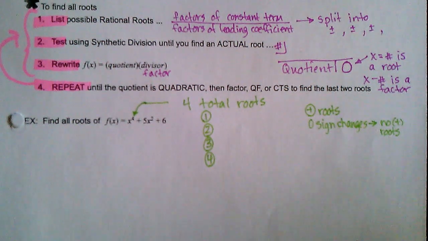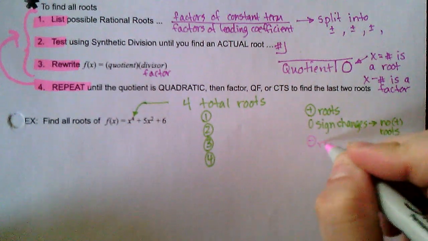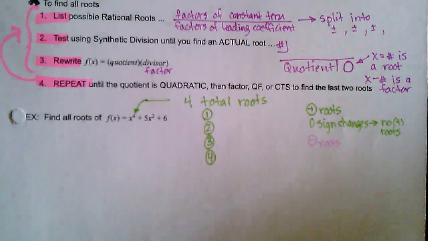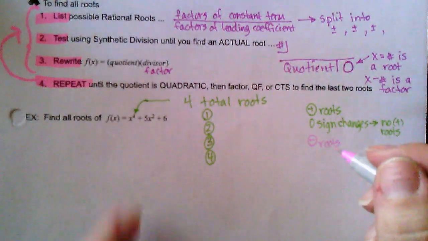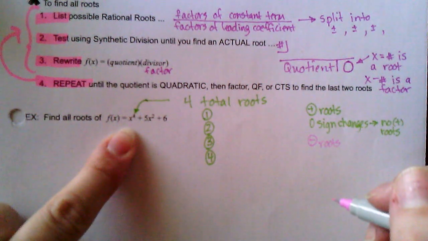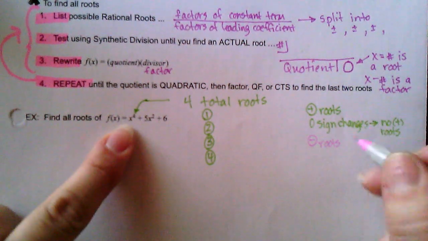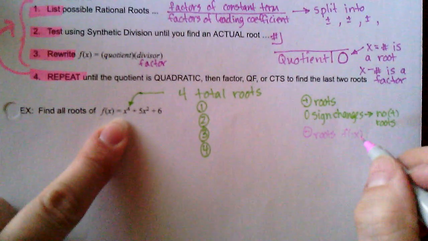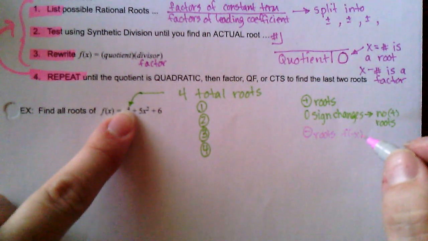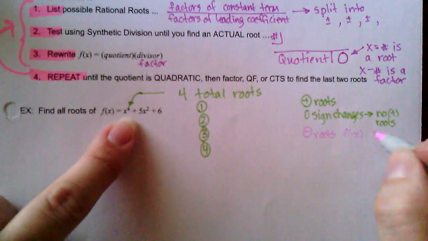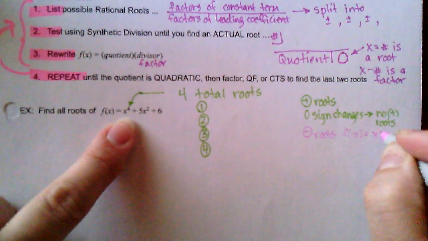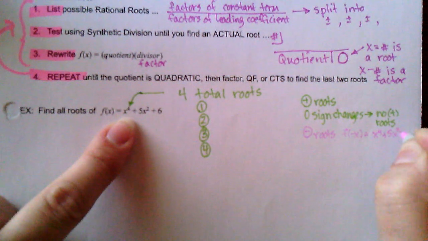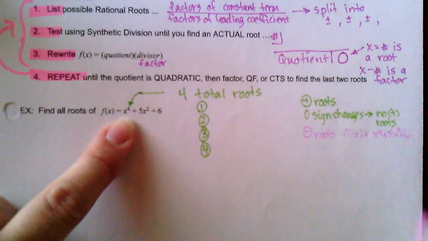And then as far as negative roots, if I do f of negative x, remember anything with an odd exponent changes its sign, and anything with an even exponent stays the same. So that actually stays x to the fourth plus 5x squared plus 6.